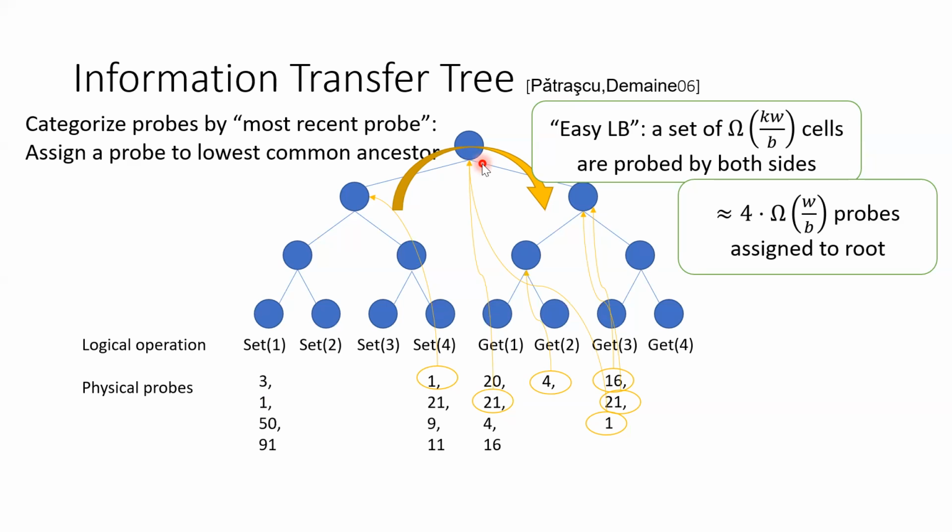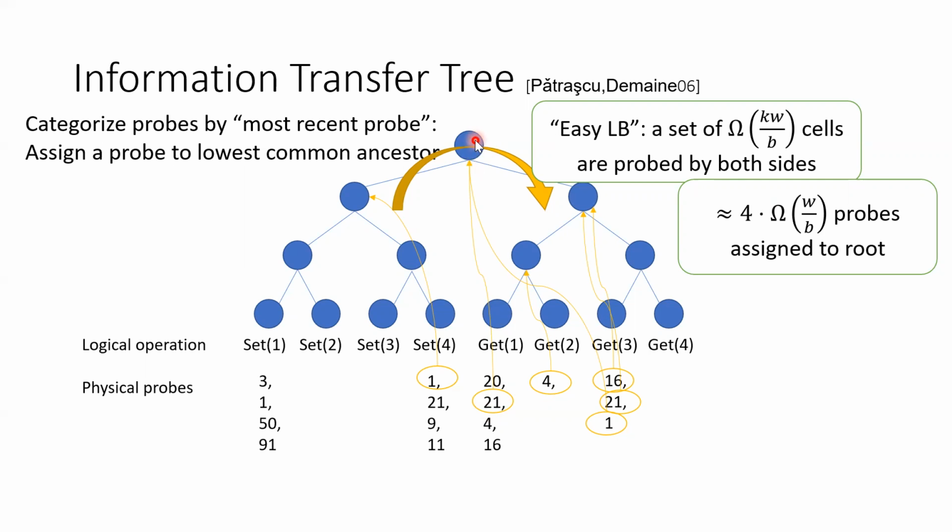Let me repeat again. Every physical probe in the right side of this tree, if it is assigned to the root node, then there must be a most recent previously probed same cell on the left side, right?